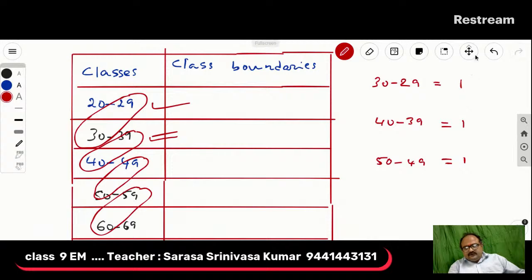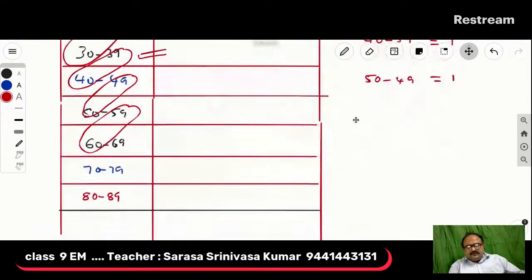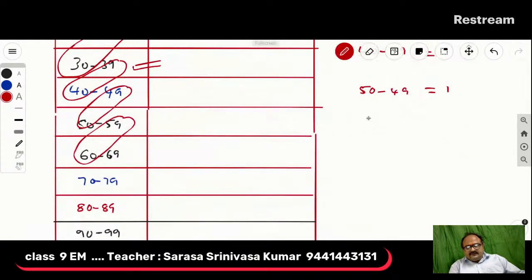So this is how we can write all the values, and the next 60 minus 59.